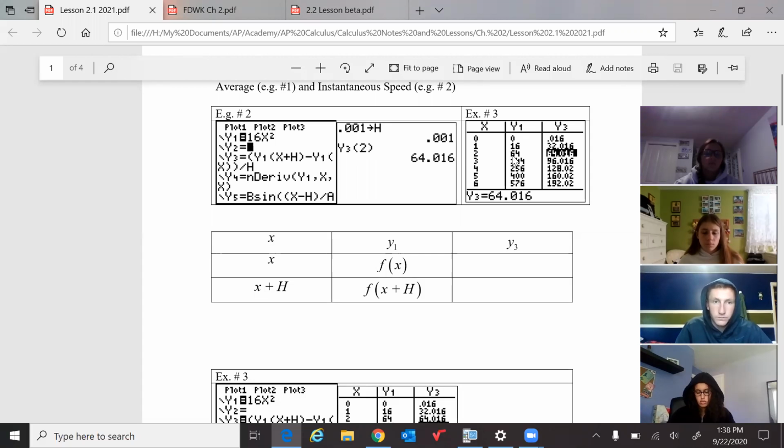And what's deceiving about it is y5 is giving us the same output as y1, except for this residual over here. So this is telling us, because h is going to 0, we want h to be a minimal amount. And because we quantified it, we have an error here. We'll deal with the error moving forward. But the point is, this rock is traveling at 64 feet per second at exactly 2 seconds.